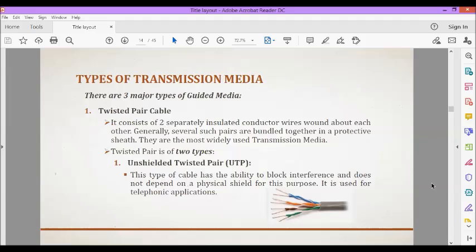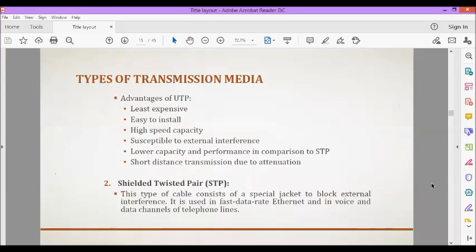The second type of twisted pair is shielded twisted pair. But let us first discuss the advantages of unshielded twisted pair. Advantages are less expensive, easy to install, and high speed capacity. Its drawbacks are susceptibility to external interference, lower capacity and performance in comparison to a shielded twisted pair or STP, and short distance transmission due to attenuation. The second type is the shielded twisted pair or STP.